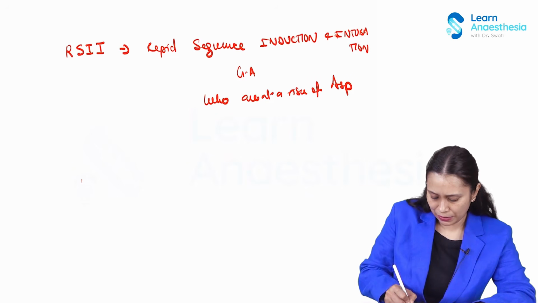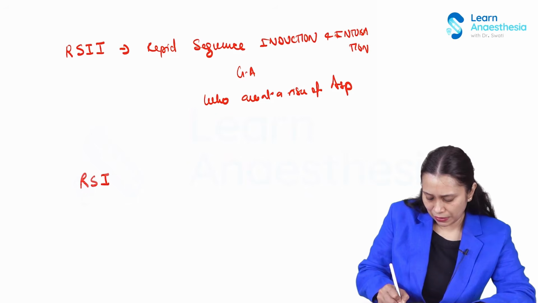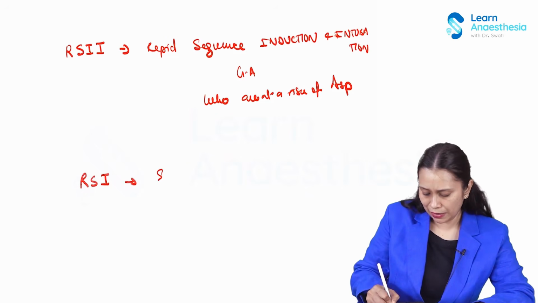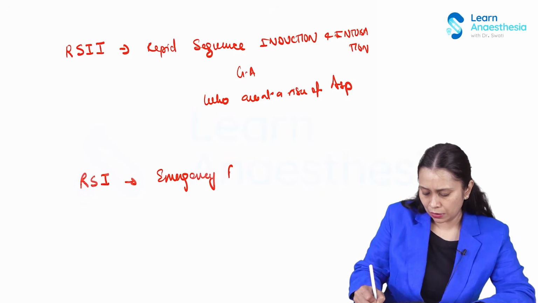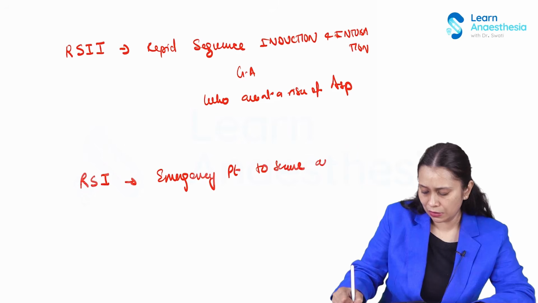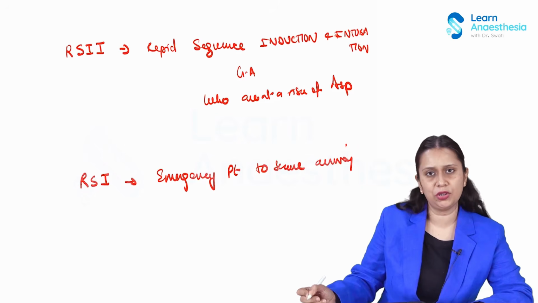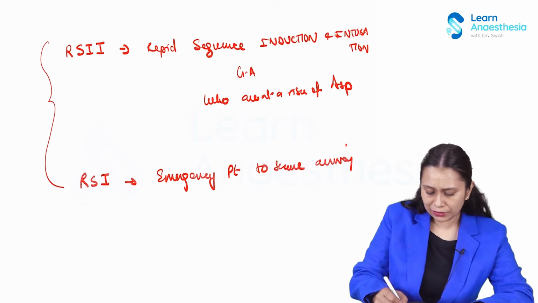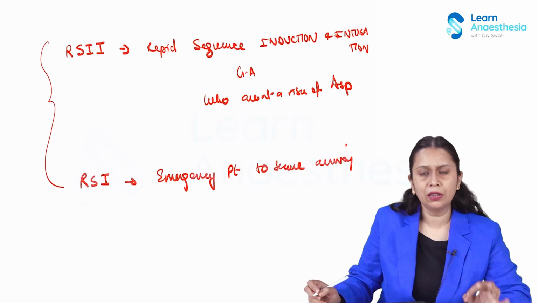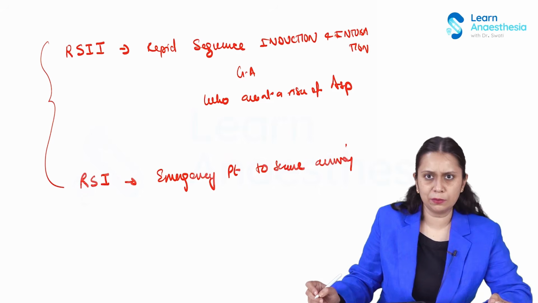And rapid sequence intubation is an intubation technique done in emergency patients to secure the airway in those who are at risk of aspiration, okay? In RSII or RSI, we practice certain techniques which minimize the risk of aspiration.